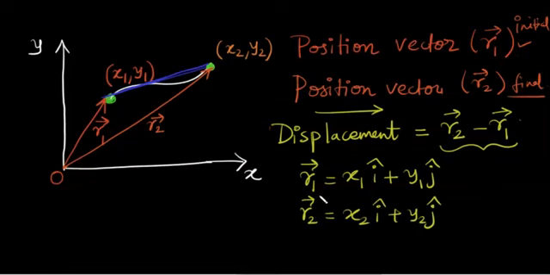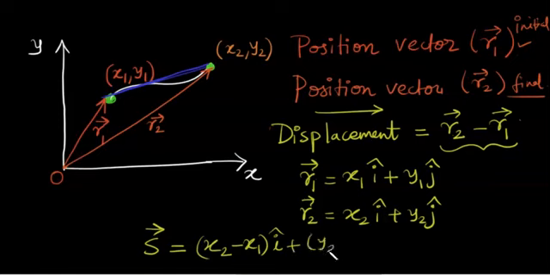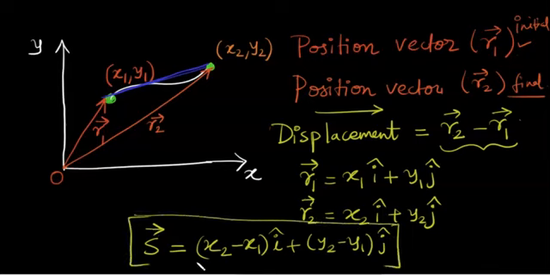Now if I do r2 bar minus r1 bar, the displacement vector, let's say it is s bar, is x2 minus x1 i cap plus y2 minus y1 j cap. So this is the displacement.